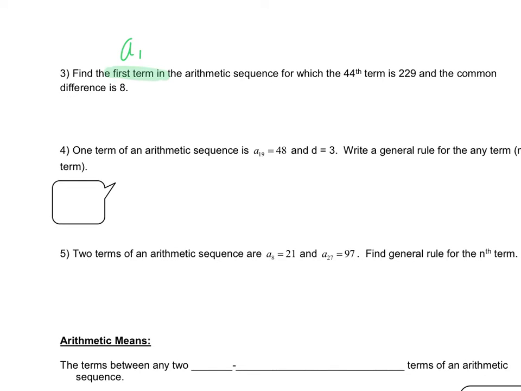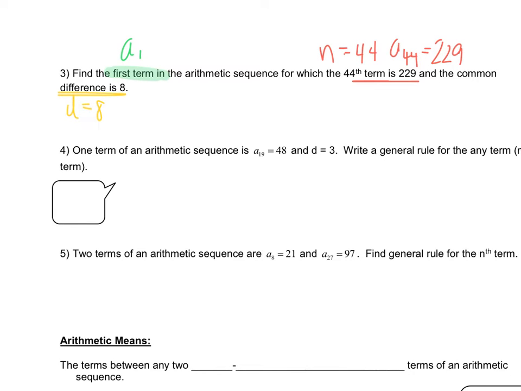And then it says the 44th term is 229. So then this right here is n. That does not look like an n, sorry. n equals 44. And then the 44th term equals 229. And then we also have d, which is 8.